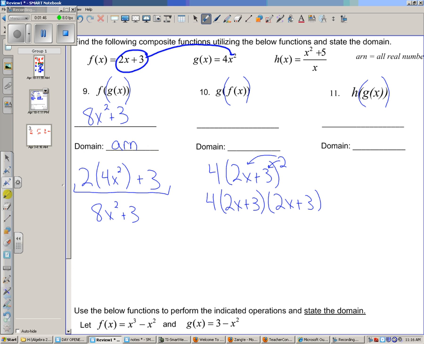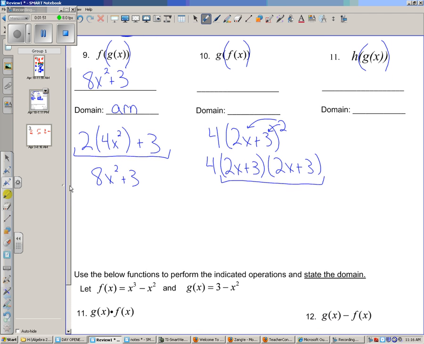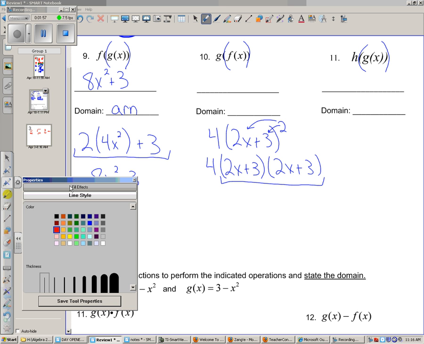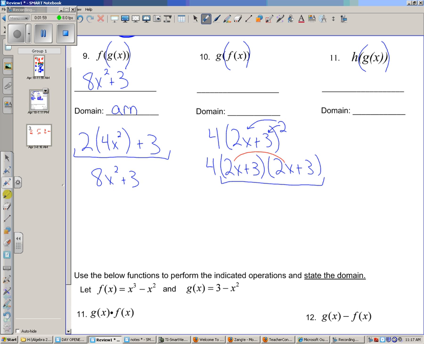So what I'm going to first do is FOIL this. So when I take my first terms, 2x and 2x gives me 4x squared. And then I'm going to take 2x and 3, which will give me 6x. And then I'm going to take another 3 and 2x, which will give me another 6x.